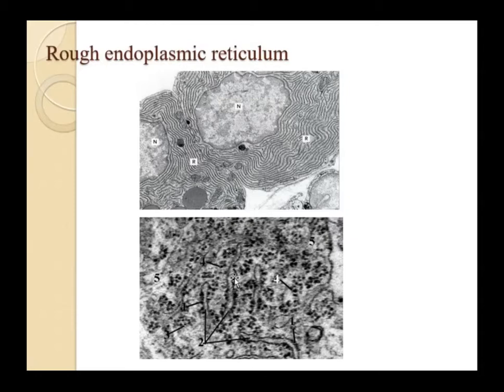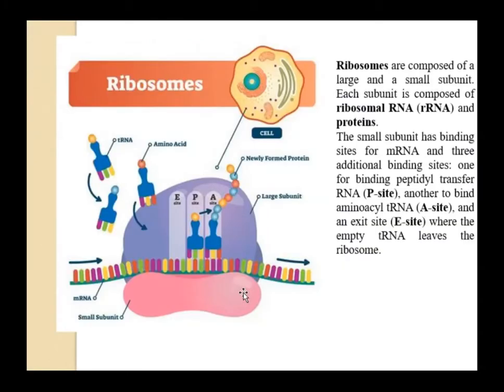At higher magnification of the electron micrograph, we can see the individual ribosomes which are scattered on the surface of the membranes of rough endoplasmic reticulum. And we know that the function of RER is synthesis of proteins that are destined to be packaged either for storage within the cell or for release into the extracellular space.